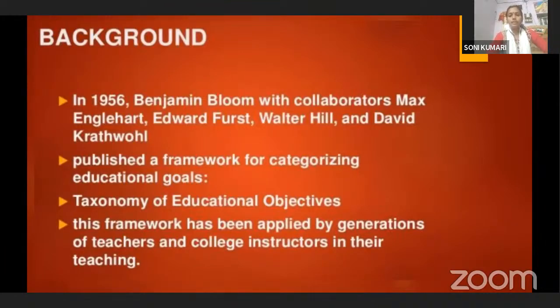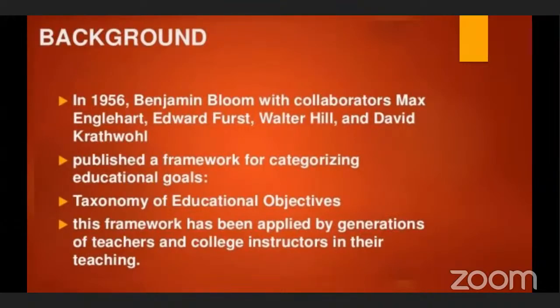They published a framework for characterizing educational goals, and also defined the taxonomy of educational objectives.